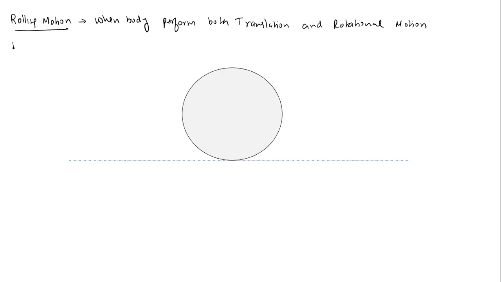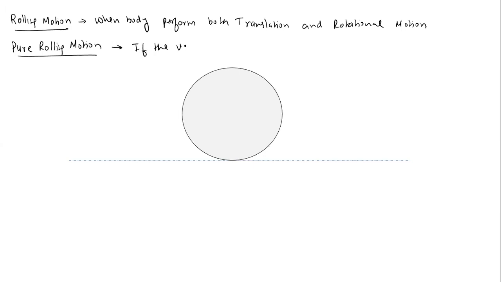Now what do we understand by pure rolling motion? Whenever we say pure rolling, a body is said to have pure rolling motion when the velocity of the point of contact is zero. The velocity of the body about the point of contact is 0.